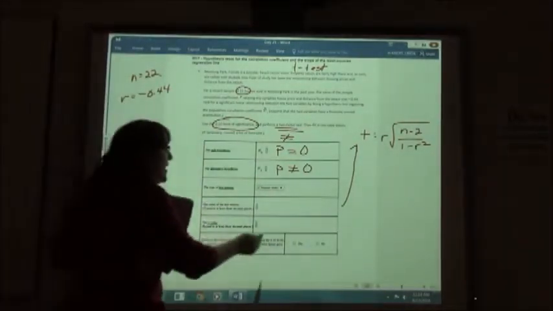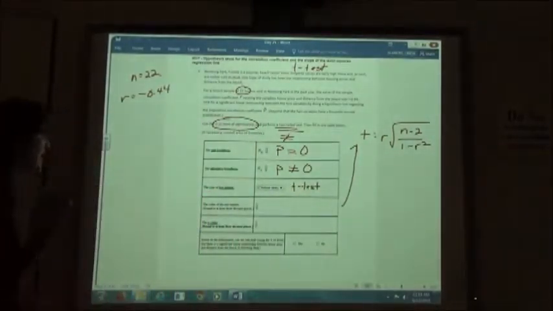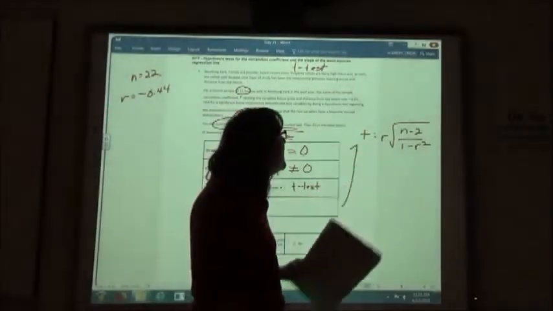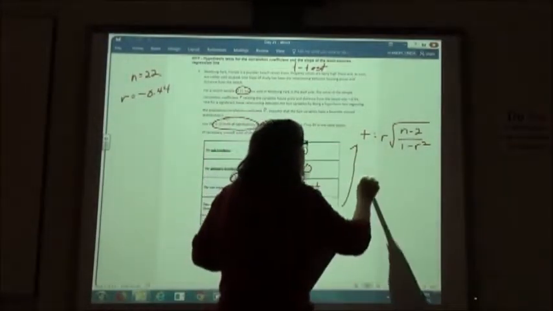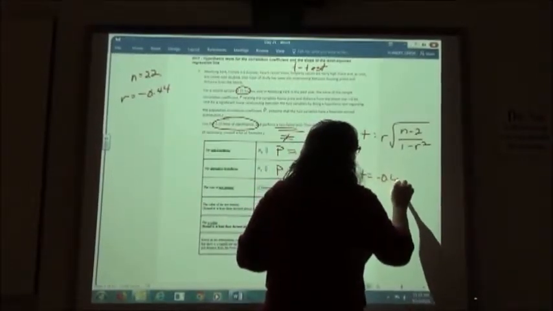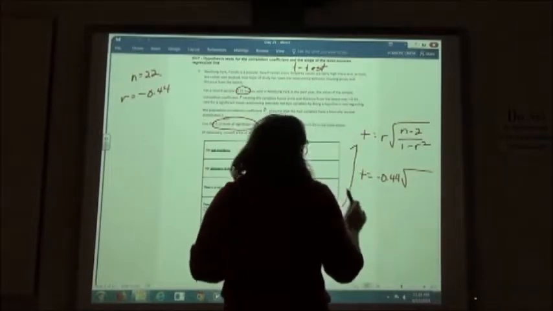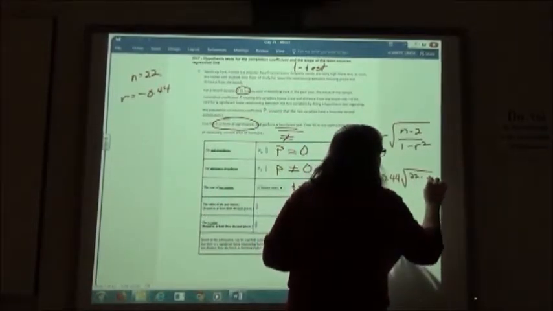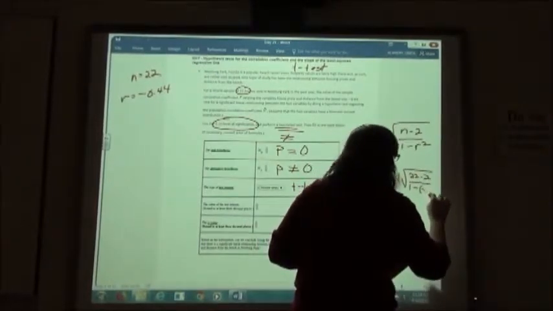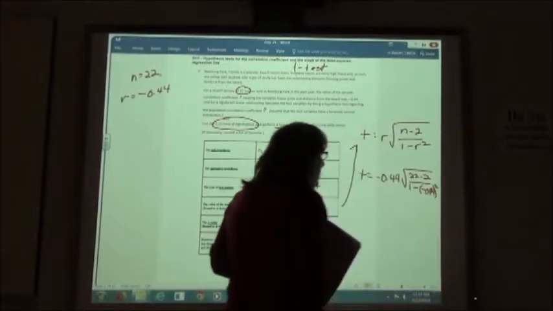Test statistic: we already said earlier when we do this test, we're going to do the t-test, and then we're going to compute the value of our t-statistic by using this formula. So t is going to equal negative 0.44 times the square root of n, which is 22, 22 minus 2, over 1 minus negative 0.44 squared.